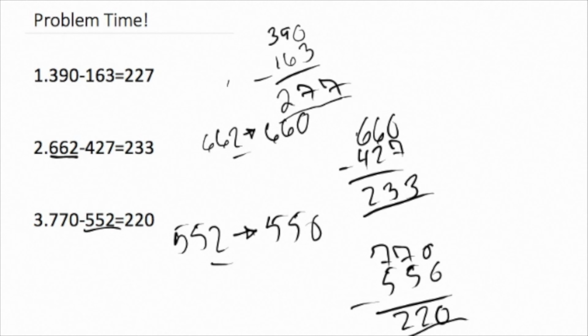Next one, I had to round this one because it has an underline. So 660 is what it rounds to. I know that because 2 is less than 5, so you have to round down to 660. Now what you got to do is subtract 427 from 660.